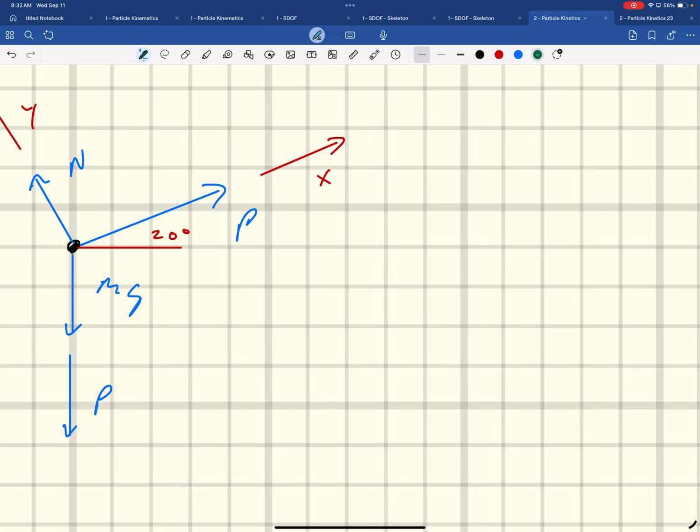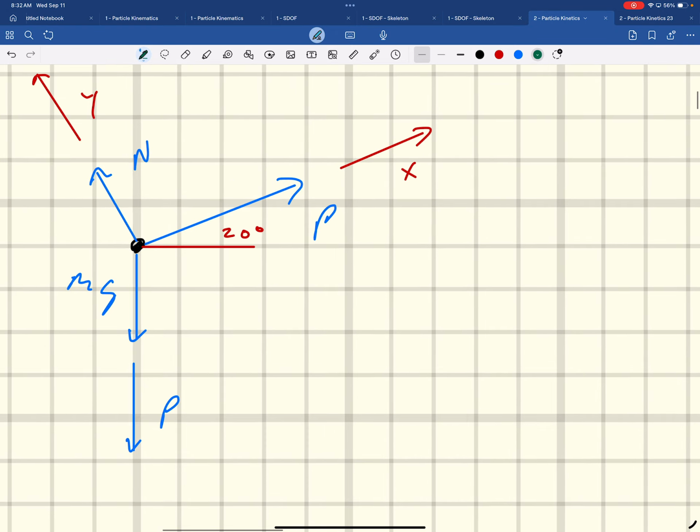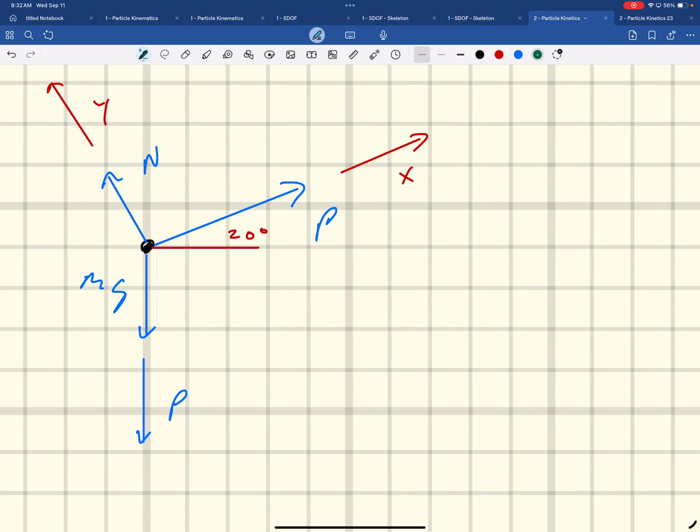Eventually I'm going to have to break the mass times gravity into both the X and Y directions. I have to figure out what component goes this way and what component goes that way, because when I sum the forces in X and Y, mg is now acting in two directions.